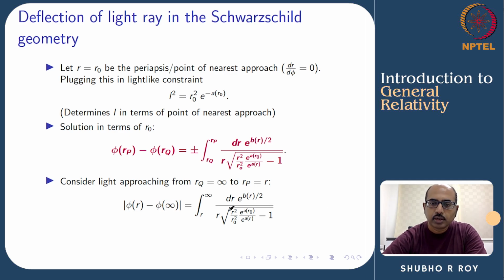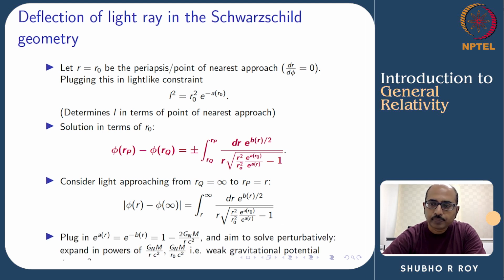Alright? So although this is a closed form solution, it is not that helpful because we don't get an idea of what this function is until we perform the integral. And performing the integral is in general very hard. So we will take an approximate or perturbative approach, reminding ourselves that the gravitational field is actually quite weak.